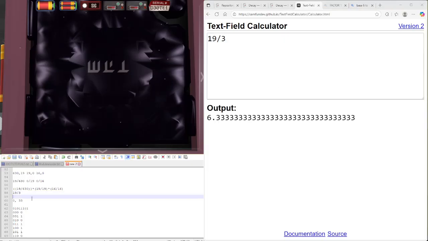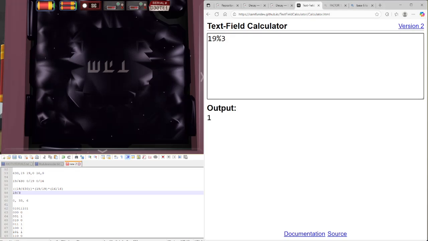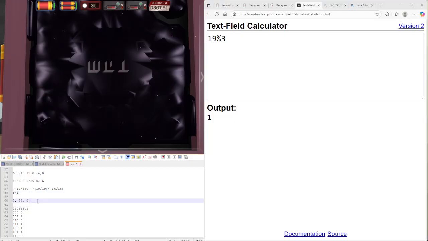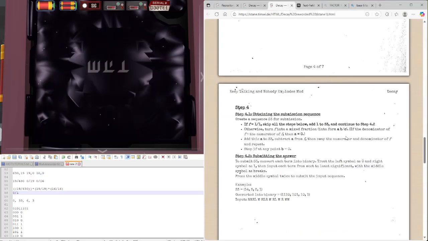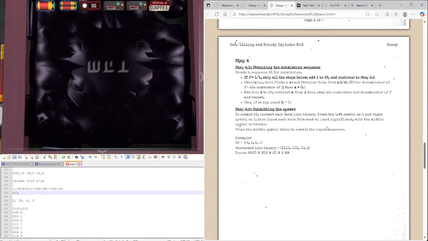3 is 6. 1, 3, 1. 3 and 0. So each turn to binary.